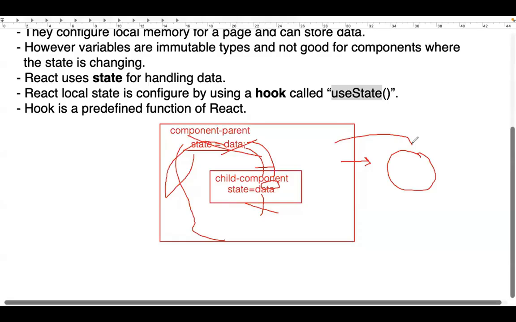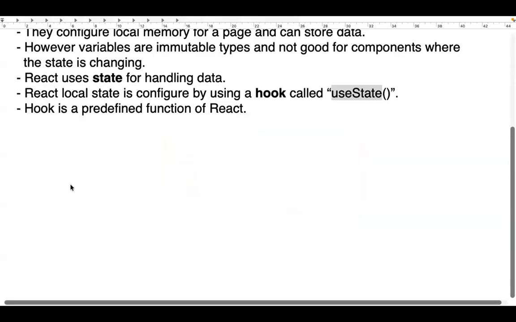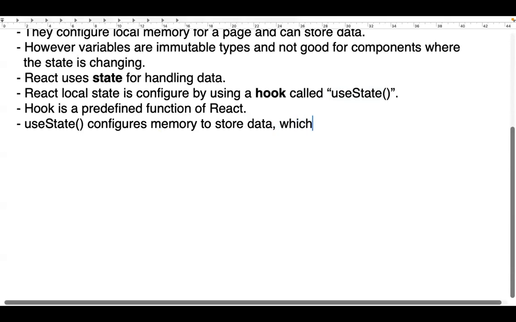What is the basic one? useState. So what is this useState? useState is nothing but it will configure a local state. What is the limitation of this local state? useState configures memory to store data, which is accessible only to the current component.